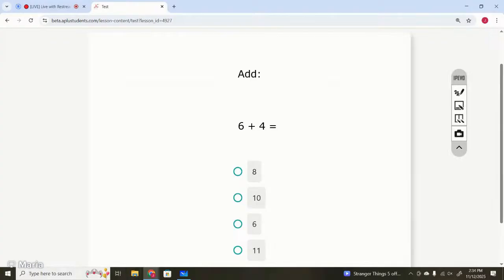The correct option is 10. Option number 2 is the correct option.